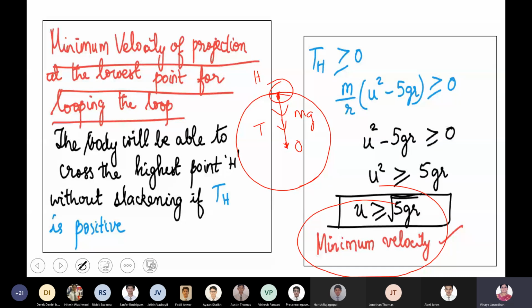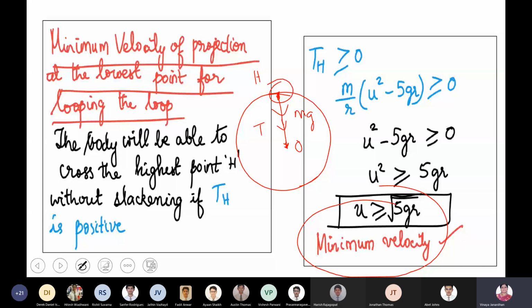Generally when you whirl a bucket full of water in a vertical circle, there will be spillage. But if you whirl it with a certain minimum velocity, then at the highest point the water will not spill out.